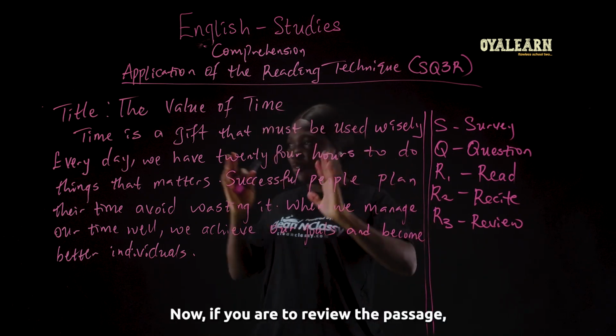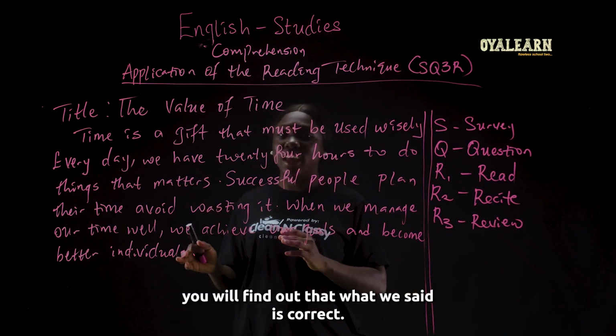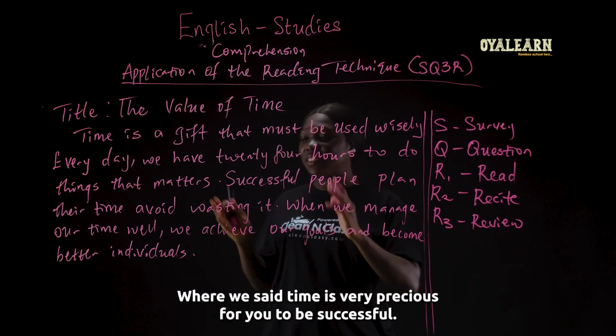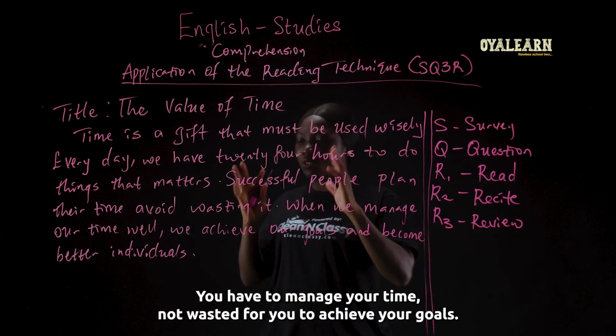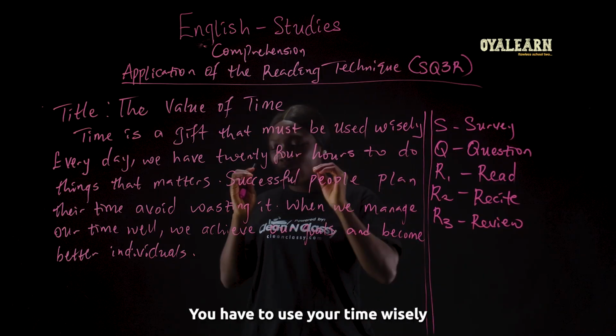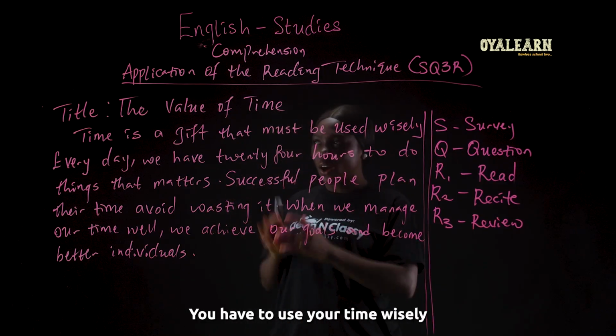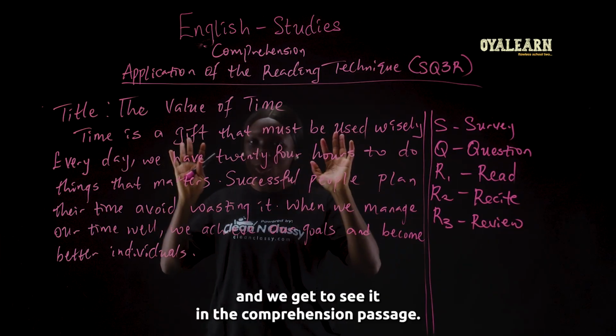Now, if you are to review the passage, we'll find out that what we said is correct. Where we said time is very precious. For you to be successful, you have to manage your time, not waste it. For you to achieve your goals, you have to use your time wisely. And we get to see it in the comprehension passage.